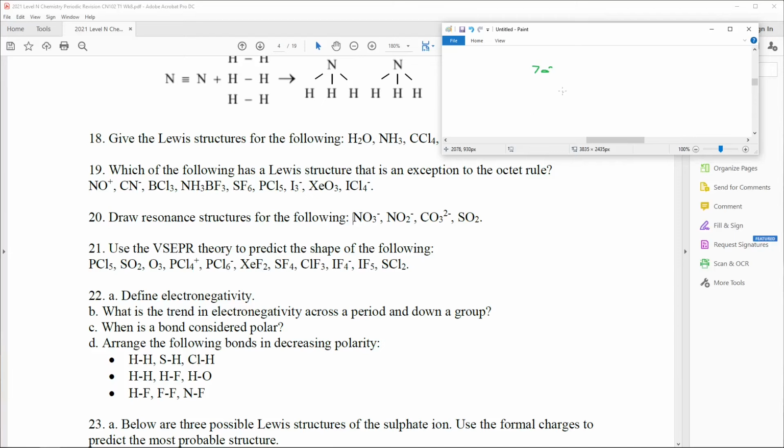So it's sharing 1 with each fluorine. There are 4, so 7 minus 4, you get 3. You have minus 1, so it's IF4 minus, and because of the minus, you're going to add 1 electron, so you're going to end up with 4.